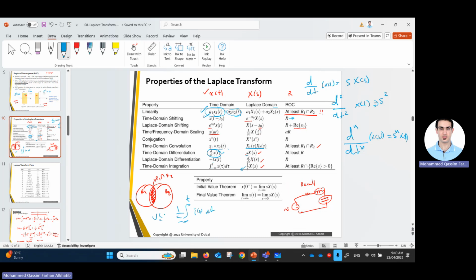So that's the voltage of the capacitor, for example. It will become 1 over sC times I of s. That's the VC of s. More details about it in the future, inshallah.